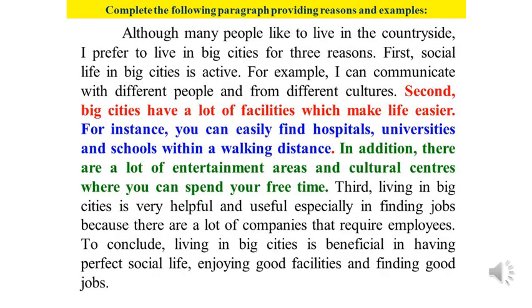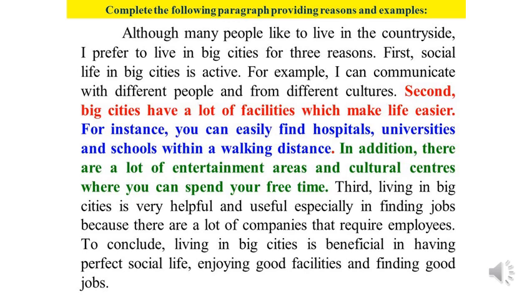Okay, let's move to the paragraph once again, and you find the answer here, the completion. Although many people like to live in the countryside, I prefer to live in big cities for 3 reasons. This is, as you know, the topic sentence. First, social life in big cities is active. For example, I can communicate with different people and from different cultures. Second, this is a completion of what is missing in the paragraph.